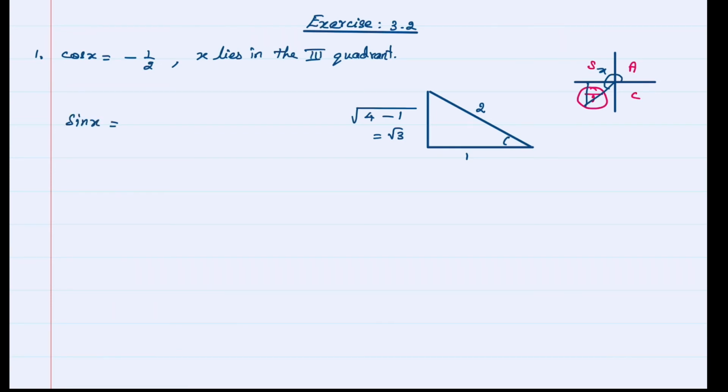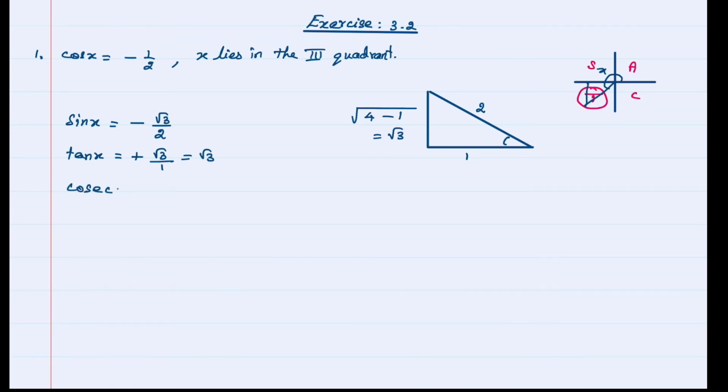Sin x in the third quadrant is negative, and sin is opposite side upon the hypotenuse. Cos x is already given in the question. Now, tan x. Tan x is sin x over cos x, or tan x in the third quadrant is positive and tan is opposite side divided by the adjacent side. The answer is root of 3.